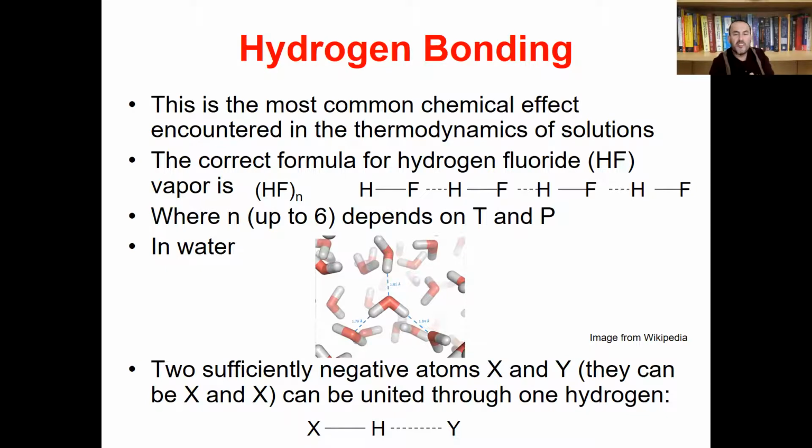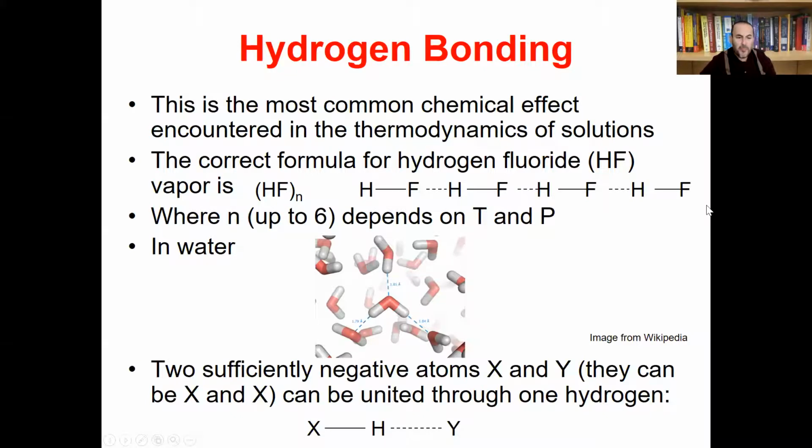For instance, in some gases, hydrogen bonds are so important that they result in clustering in the vapor phase. In HF, you have these kinds of chains of HF, and depending on the pressure and temperature, you may find up to 6 HF molecules aggregated due to hydrogen bonding.